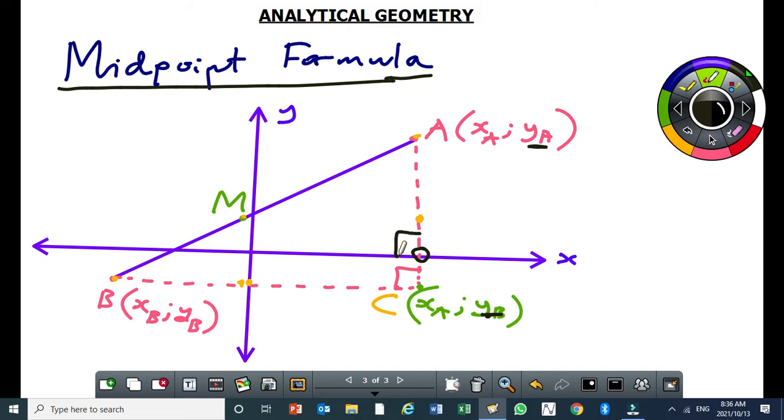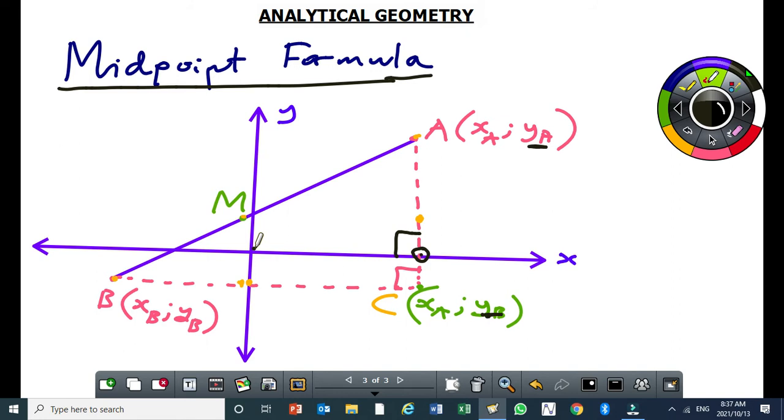If the value of YA is 6, the distance from here to there will be 6 units. Also, from the origin to a point on the same line as point A, it will also be 6 units. That's common sense. Okay? That's common sense.